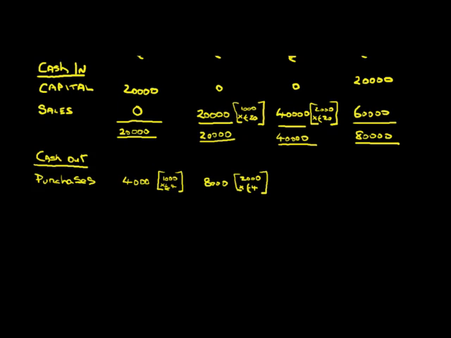So 3 4s are 12, so it looks like it's 12,000. And again, I put in brackets how we calculated that. It's 3,000 multiplied by €4. Okay, now we get the amount for purchases for the 3 months together, and what does that add up to? 24,000.